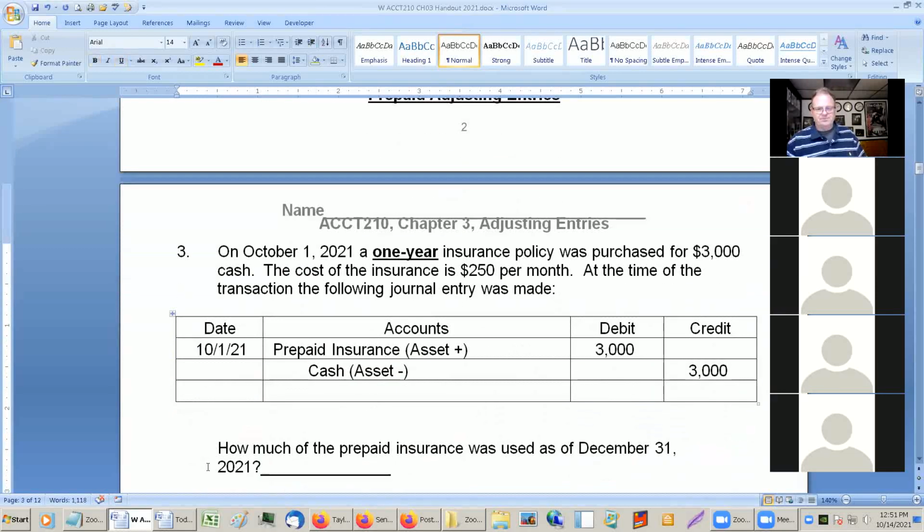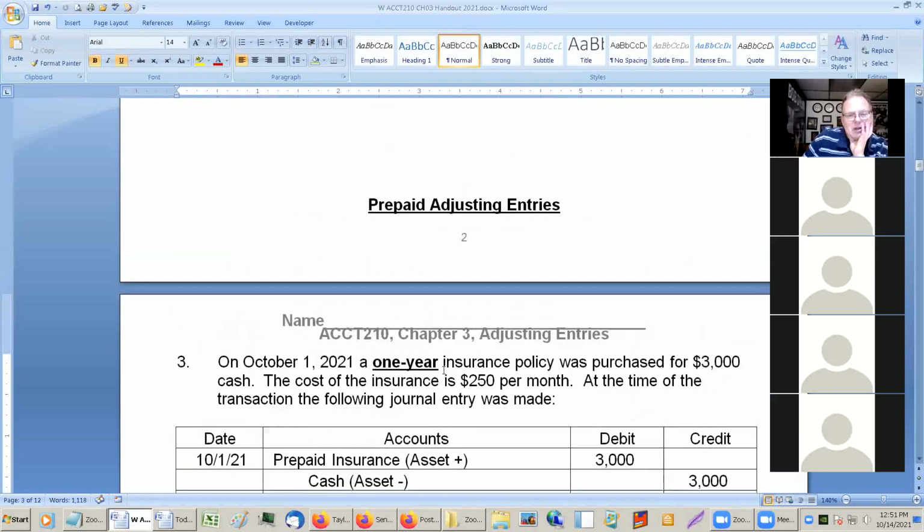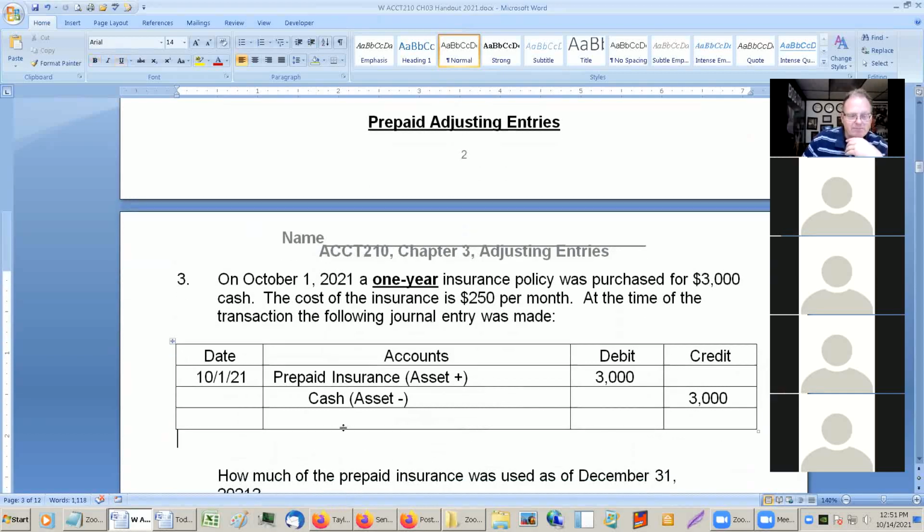Number 3. The one-year insurance policy was purchased for $3,000 cash. Insurance cost was $250 a month, kind of like we did before.